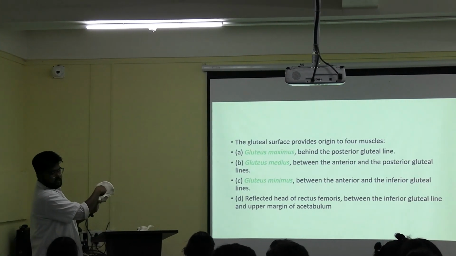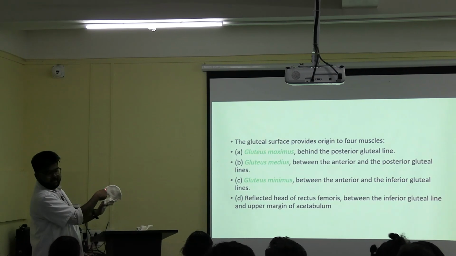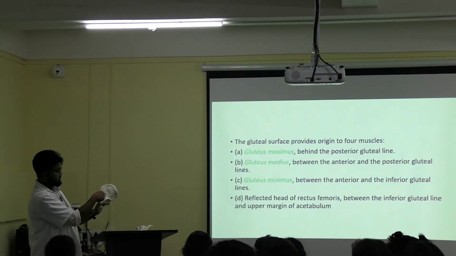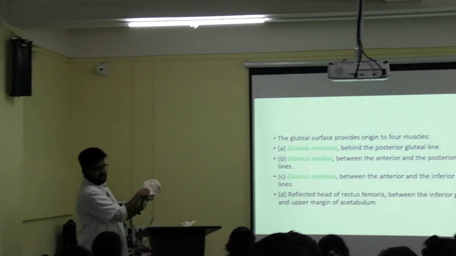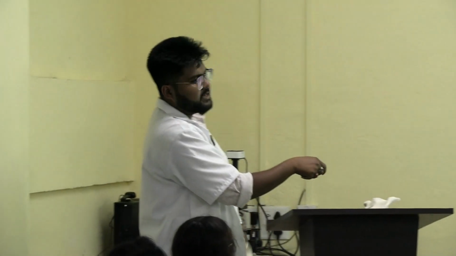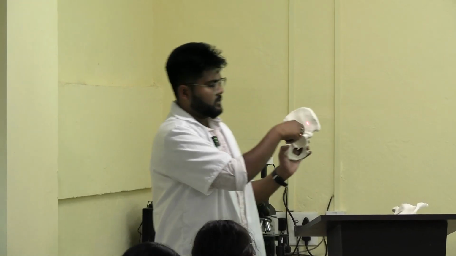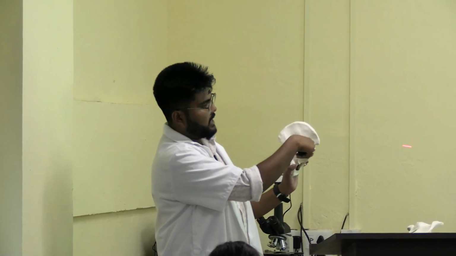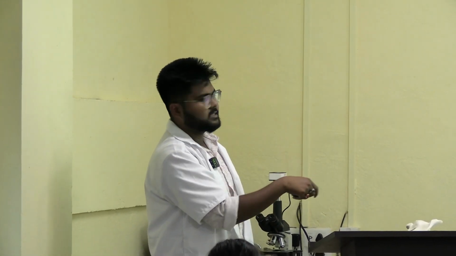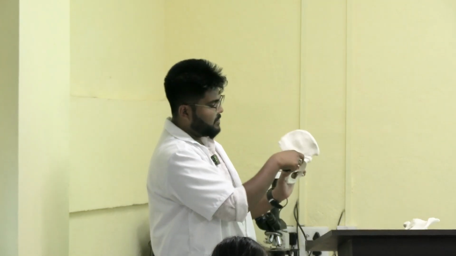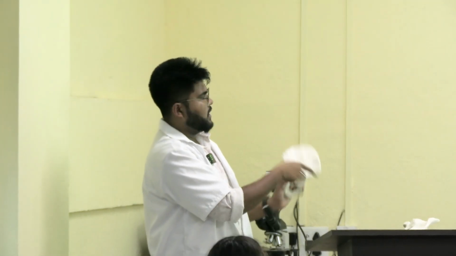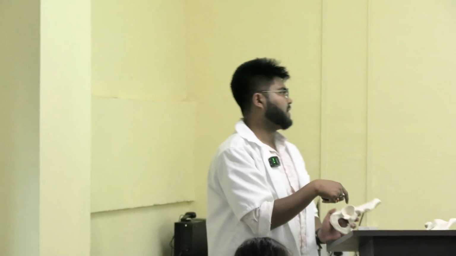This is called the posterior gluteal line. So behind the posterior gluteal line, the gluteus maximus muscle is attached, and in between the posterior and anterior gluteal lines, here the gluteus medius muscle is attached, and in between the anterior and inferior gluteal lines, the gluteus minimus muscle is attached, and between the inferior gluteal line and the upper margin of the acetabulum, here the reflected head of rectus femoris muscle is attached.